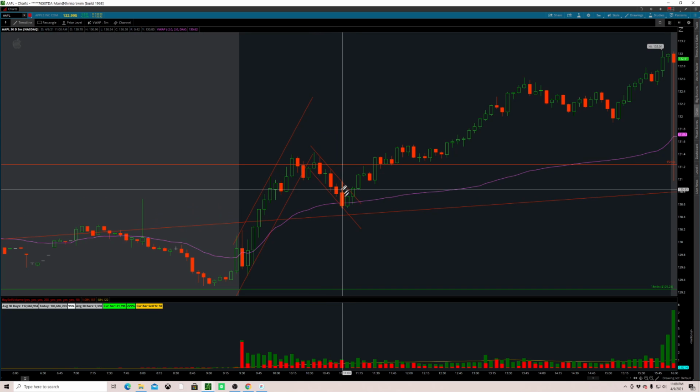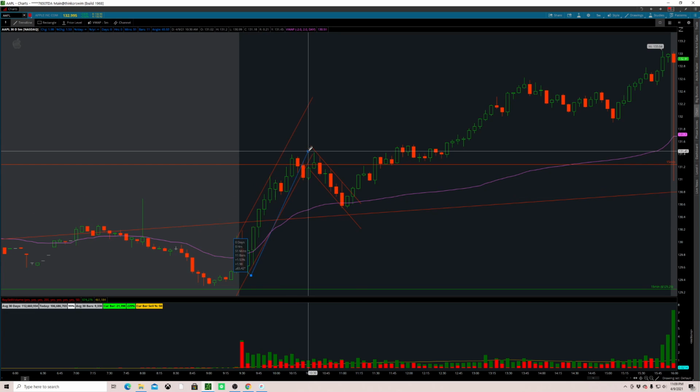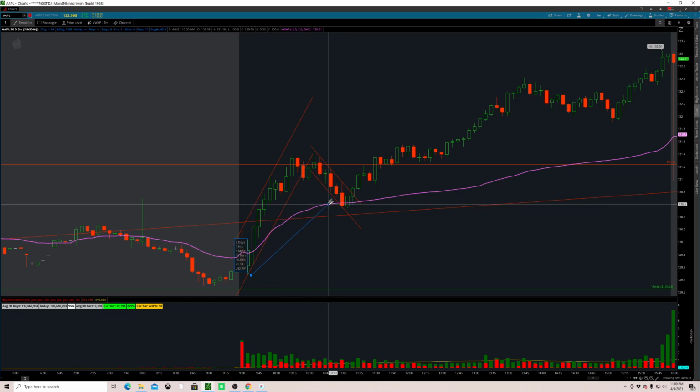And as you can see, price retraced. Now, the next thing again is, because this is a 50% pullback, the question is, how much was that? This is 1.94. Divide that by 2 gives you 0.97.